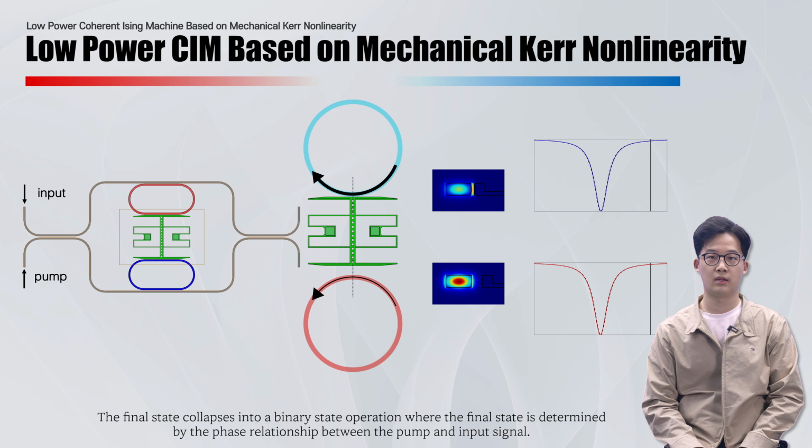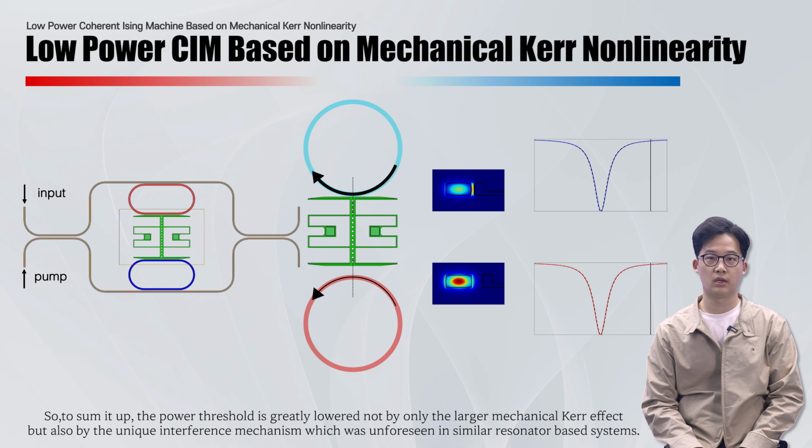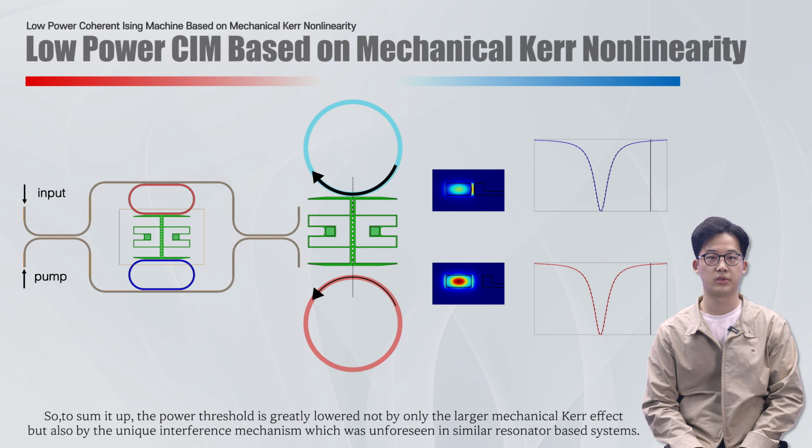The final state collapses into a binary state operation where the final state is determined by the phase relationship between the pump and input signal. So, to sum it up, the power threshold is greatly lowered not only by the larger mechanical Kerr effect, but also by the unique interference mechanism, which was unforeseen in similar resonator-based systems.